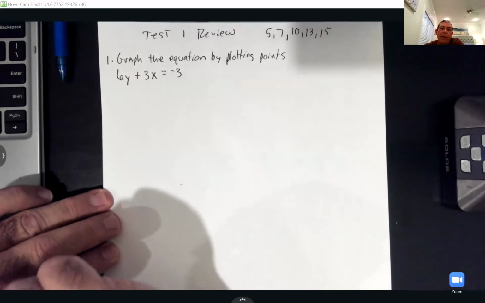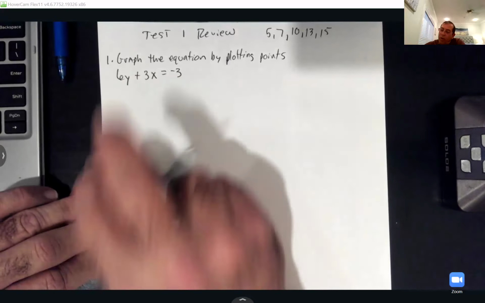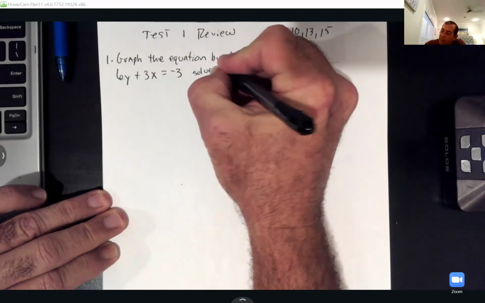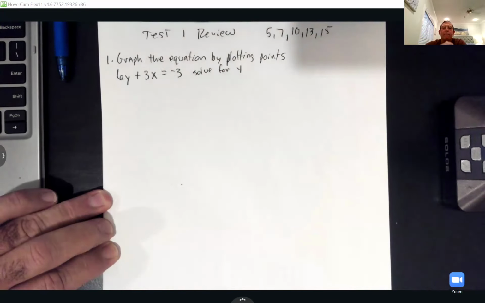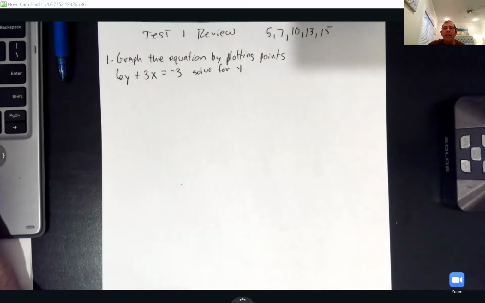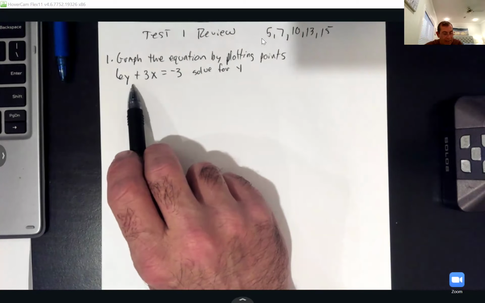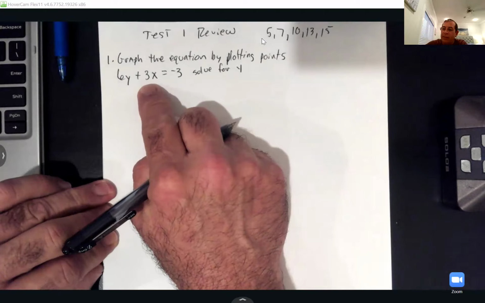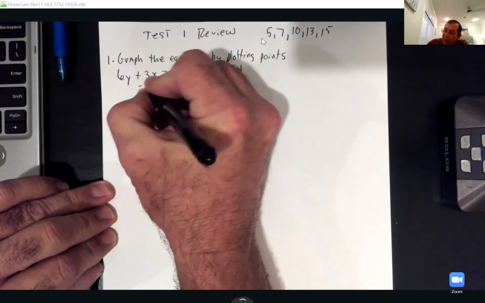So I'm gonna do it on the calculator, but in order to do this on the calculator, we got to solve this for y. So what we want to do, move the 3x to the other side. Once we move the 3x to the other side, we'll divide everybody by the 6. So to move the 3x, since it's positive, we're going to subtract it from both sides.